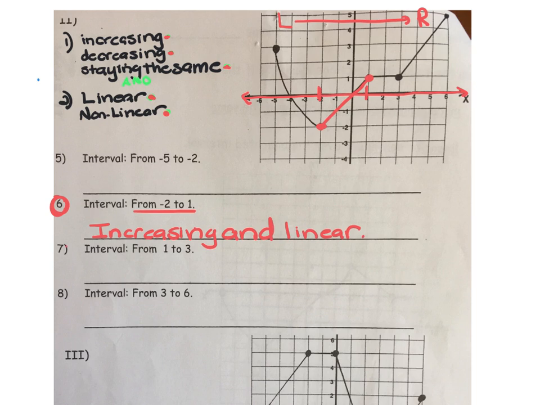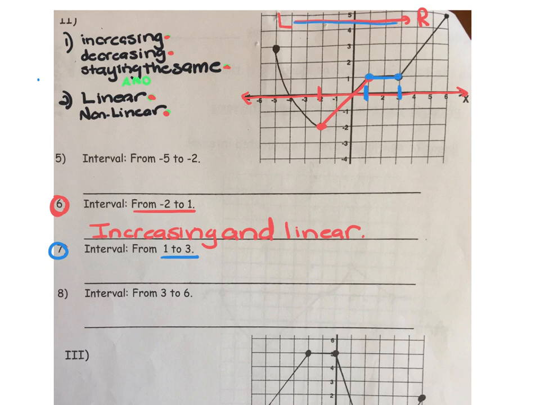Let's move on to number 7. If you look at number 7, they would like us to study the interval from 1 to +3. So again, here's +1, here's +3 on the x-axis. We're looking at this portion of the function.